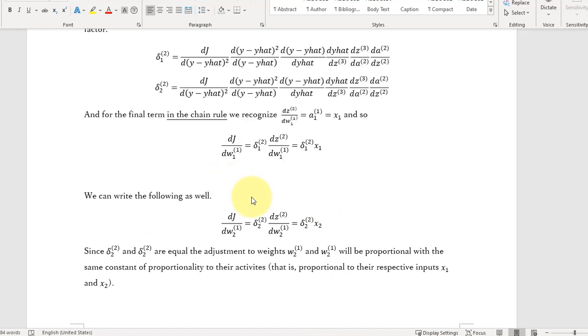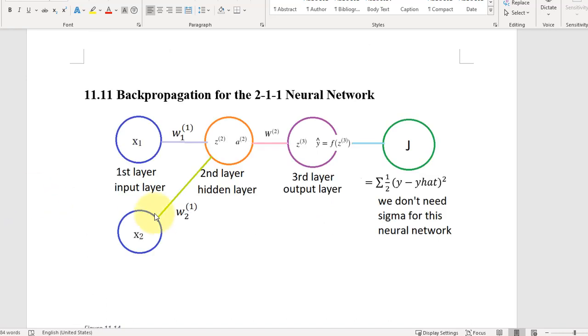Now, as it's said in the text, sometimes we call these the activities. So in the book we said that we might call the activity of this node x1, the activity of this node x2, the activity of this node a2, the activity of this node y hat or a3.